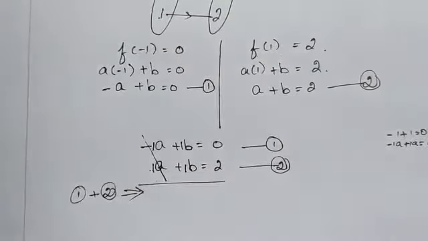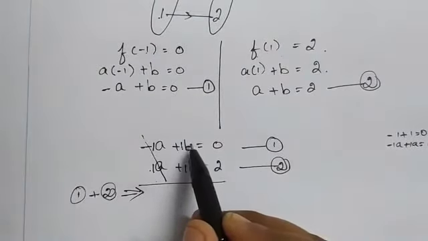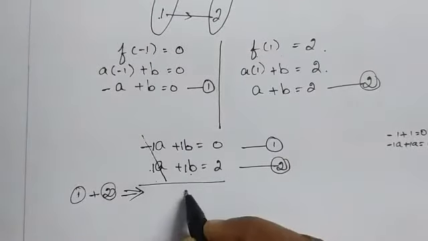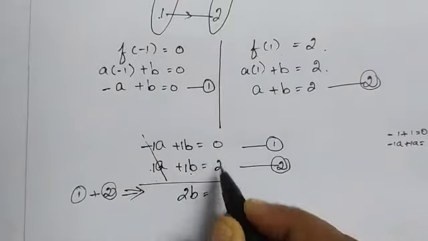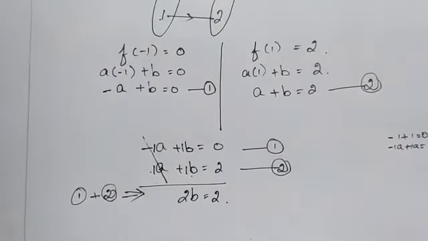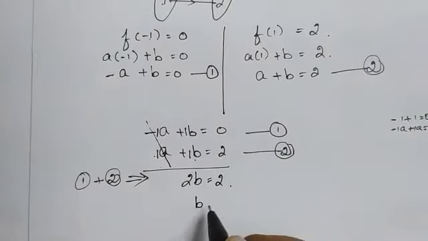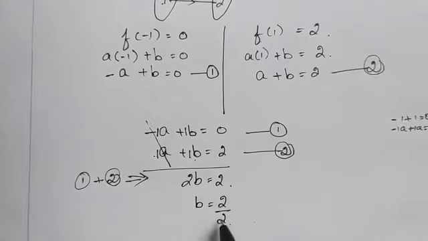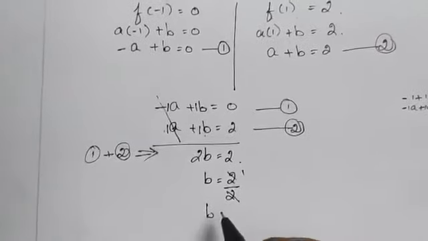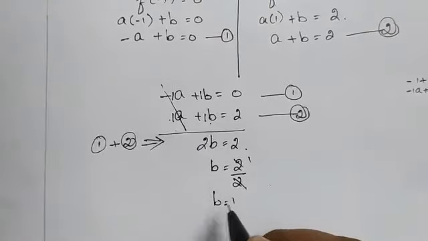Therefore, leave that. Now 1b plus 1b, that is 2b. 0 plus 2, 2. 2 into b is equal to 2. Therefore, b is equal to 2 divided by 2. The value of b is 1.